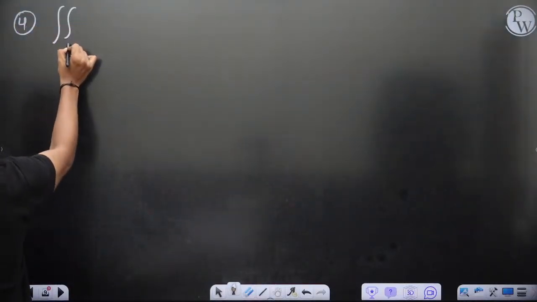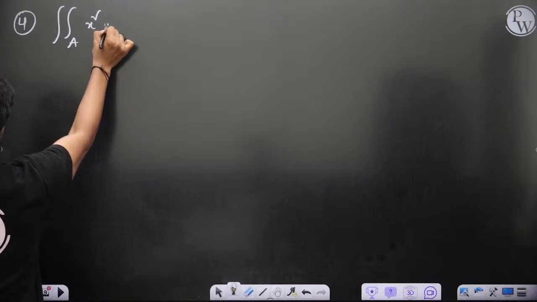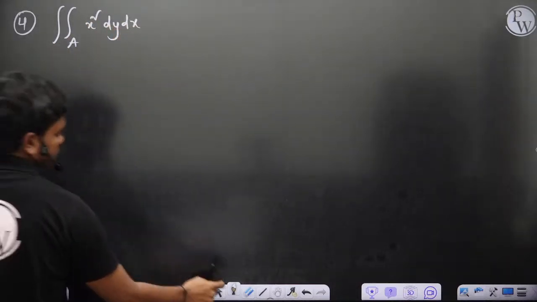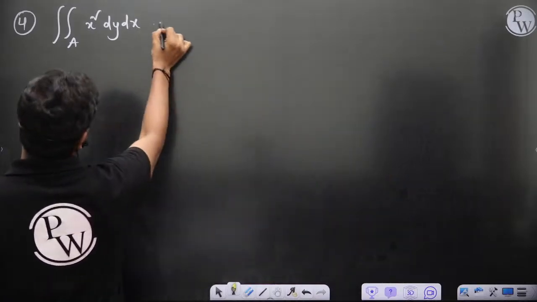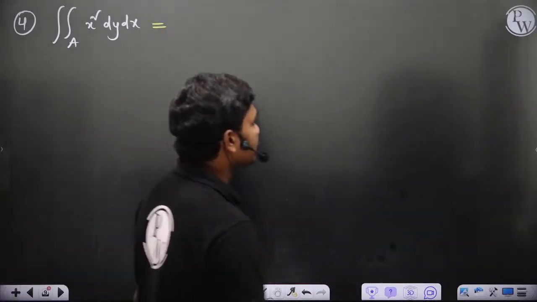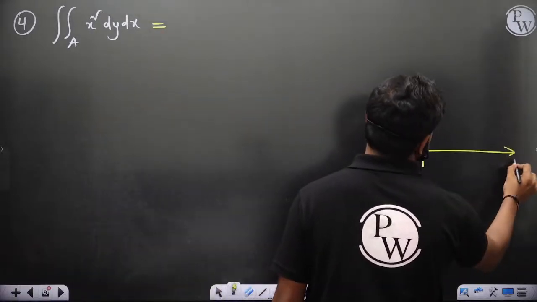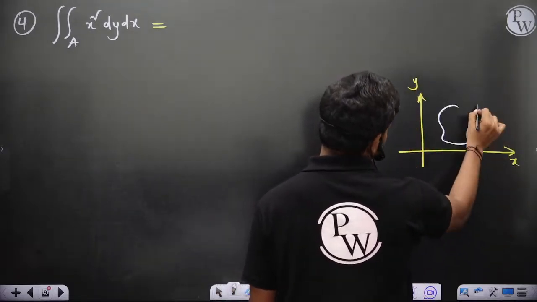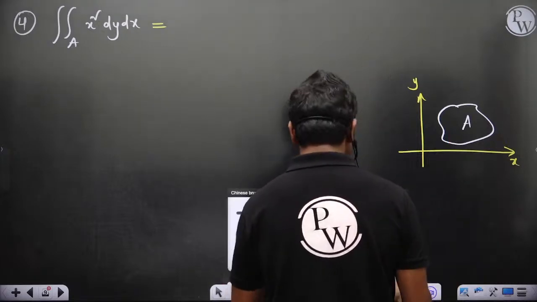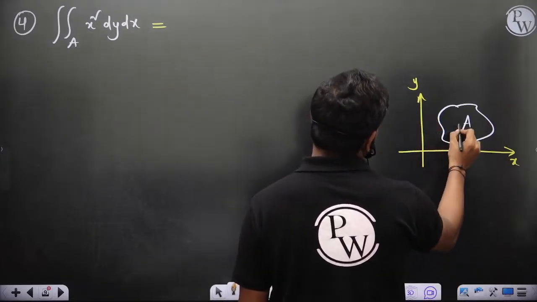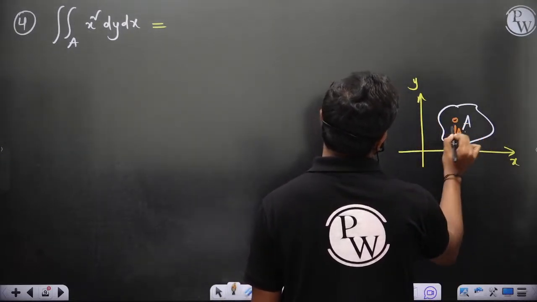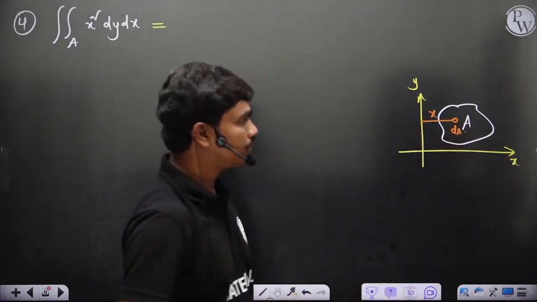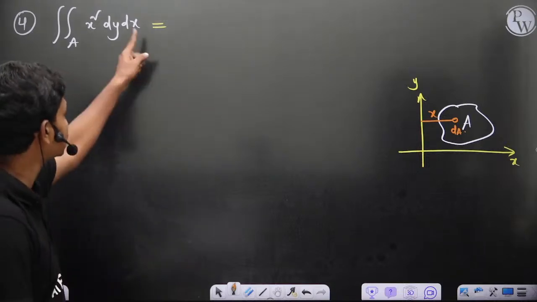This time I'll ask you something different. Integral x square dA or x square dy dx, whatever. So this function f of x comma y is x square. Can someone tell me what this gives you? If you have an area A like this, with x and y, and let's say you have the domain omega. Then if you take a small elemental strip dA, and from the y-axis the distance of this is x, then what does integral x square dy dx give you?